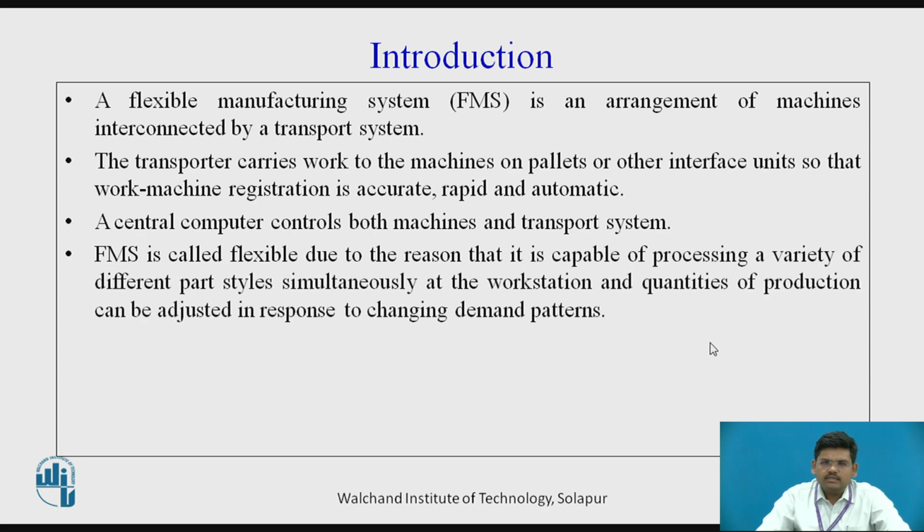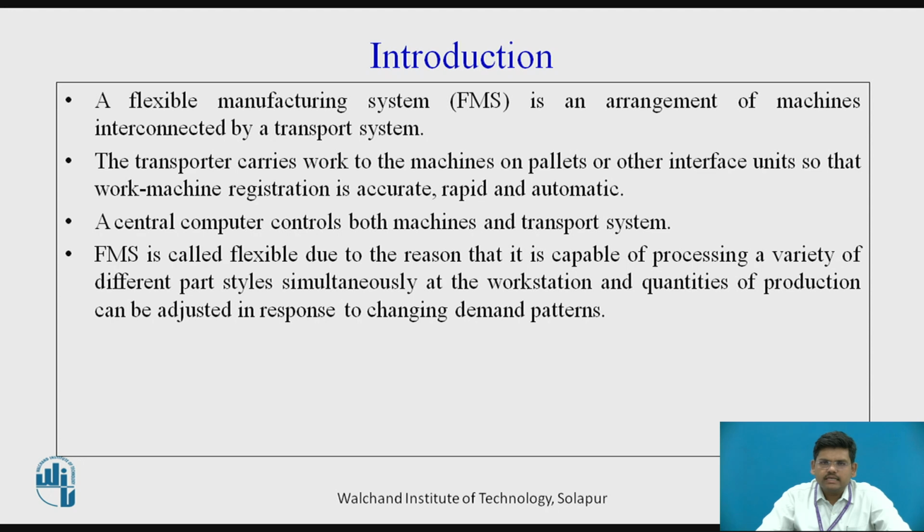Now, FMS is also called flexible because it is capable of processing a variety of different part styles simultaneously at the workstation, and quantities of production can be adjusted in response to changing demand patterns.